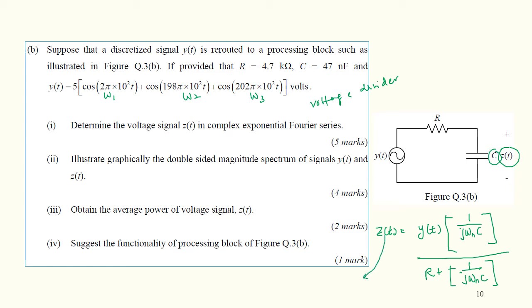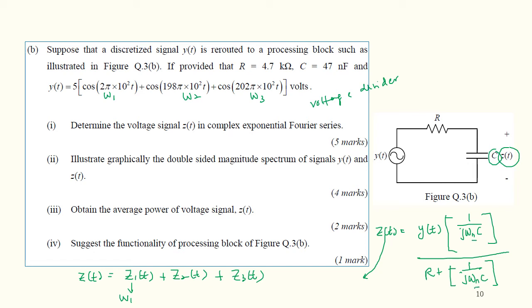So z(t) will be equal to z1(t) plus z2(t) plus z3(t). What is z1(t)? z1(t) is the calculation when you use omega 1 in y(t) and omega 1 in omega n here and here.